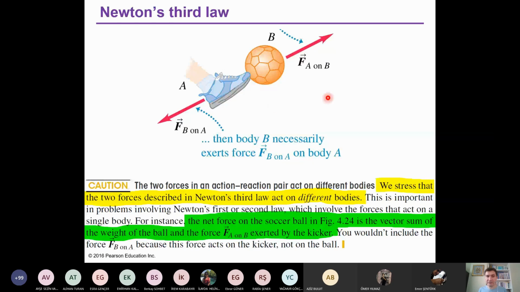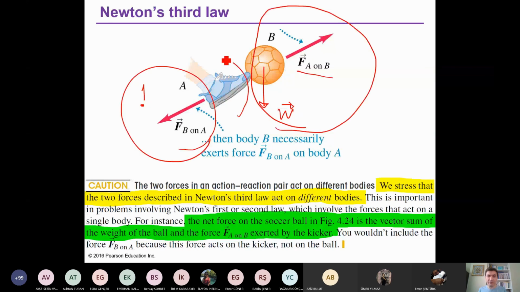The ball has a certain weight, let me draw in this direction, and the ball has this force. This force is applied on the foot. So you must separate these two objects when you are dealing with Newton's third law. We stress that the two forces described in Newton's third law act on different bodies. So don't forget this one.